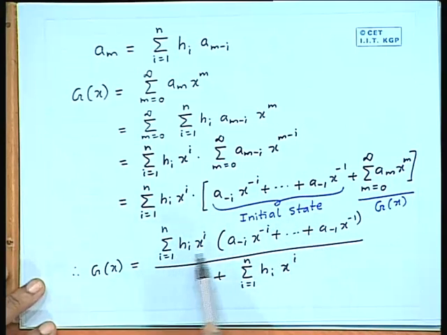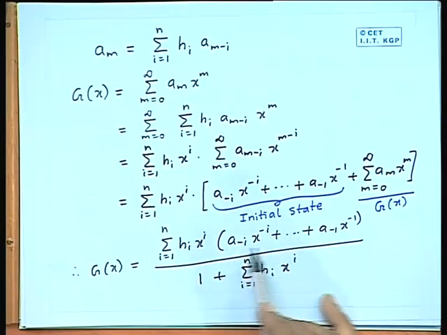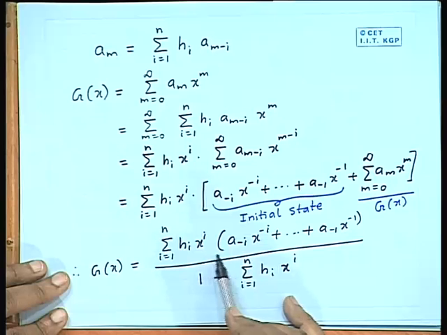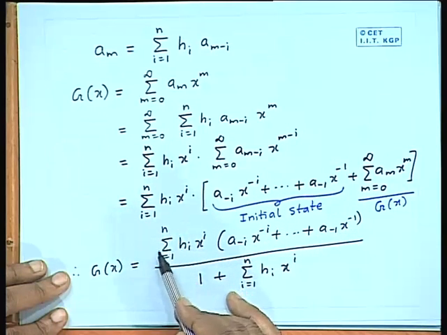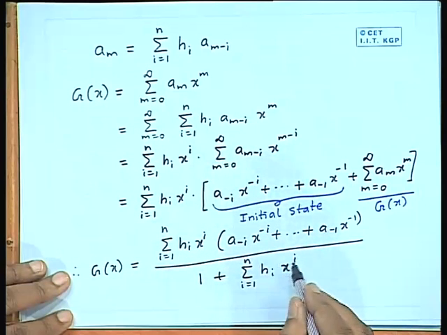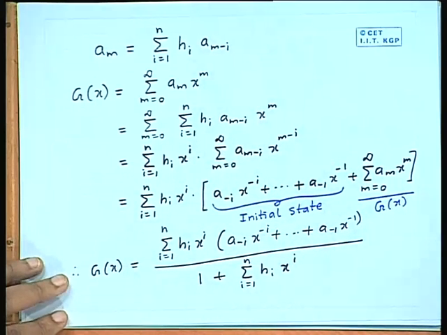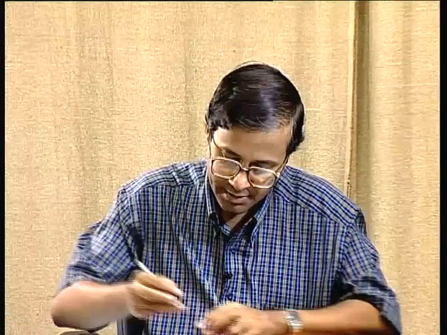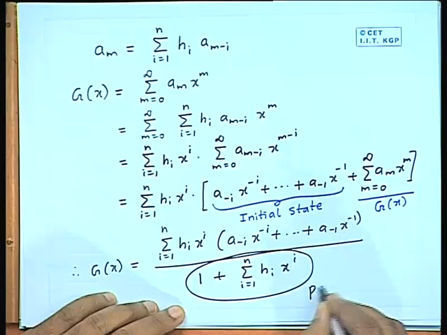So, if you look at the numerator, there is a part which is the initial state of the LFSR, and of course, we have a term h(i) x to the power i, but the denominator is a polynomial of degree n. The denominator is typically denoted by P(x).